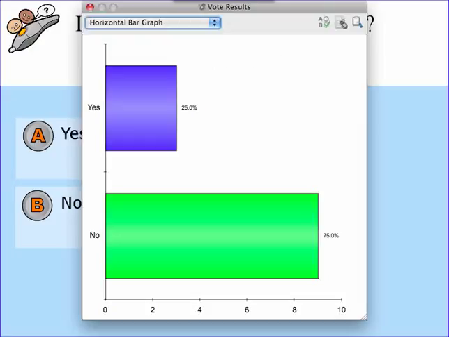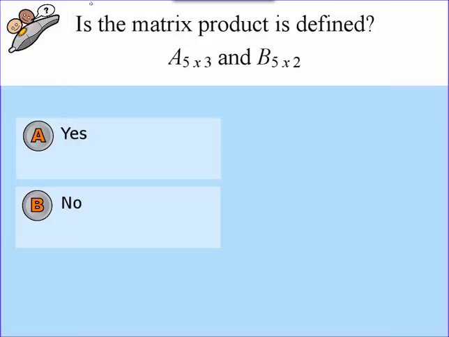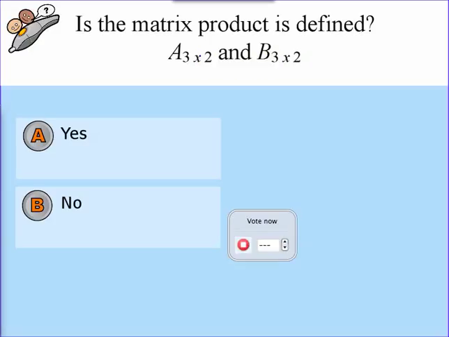No, the reason why it is not defined is because your middle dimensions here are not the same. Okay, let's try again. Is that one defined? Yes or no?